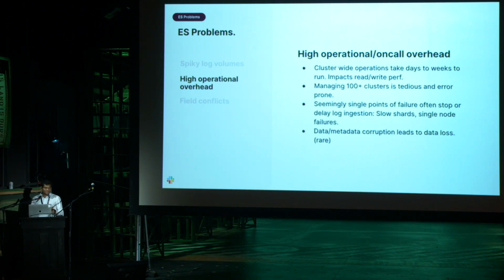Further, managing 100 plus clusters to keep them all consistent and performing well is a tedious and error-prone job. We often have to write software that manages the software that manages Elasticsearch. This kind of meta management software is hard to write.